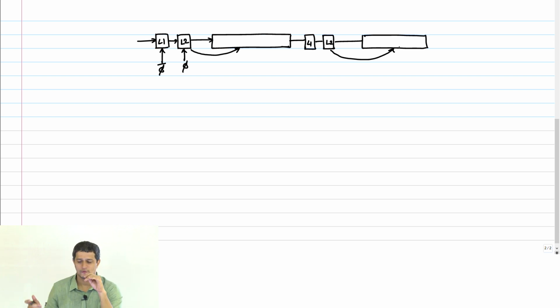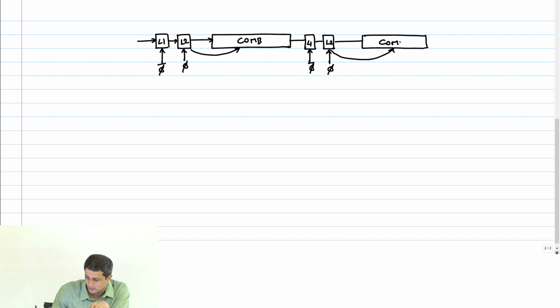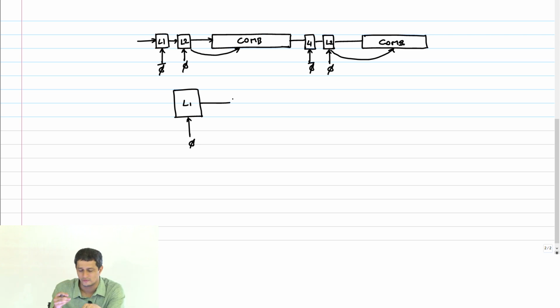Of course, this is phi bar and phi again. This is a combinational block. So the idea here is now to take this and split it as follows. L1 running, let's say, on phi. Now don't worry about whether it's a positive latch or negative latch. I'm going to split this combinational block as C1, then insert my L2 here.